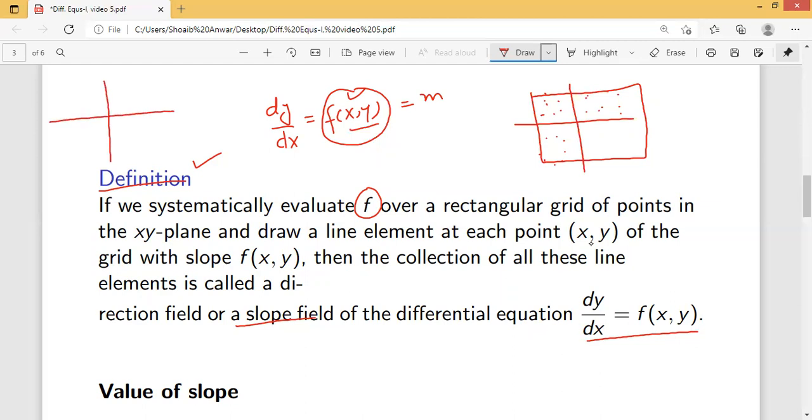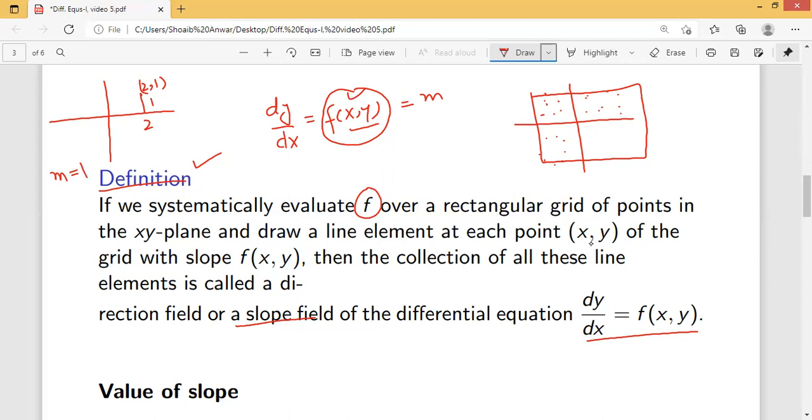I mean, if we calculate at each point, let's suppose at this point we have on the x-axis 2 units, and on the y-axis 1 unit. So this point represents 2 comma 1. If we put 2 comma 1 in f of x, y, I mean at x we put 2 and at y we put 1, we will get the slope of the tangent line at that point. Let's suppose we find the slope m is equal to 1 at 2 comma 1.